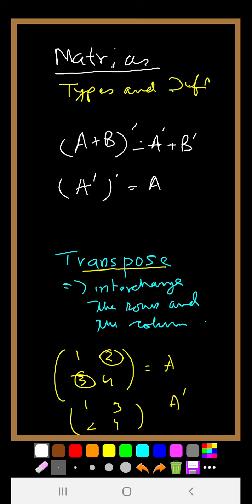And for a factor multiplied to a matrix, if you transpose it, there is no change in the factor multiplication; it's k into A transpose, because it is being multiplied by all the elements of the matrix. So this is what we have about transpose. The next property is called the conjugate matrix.